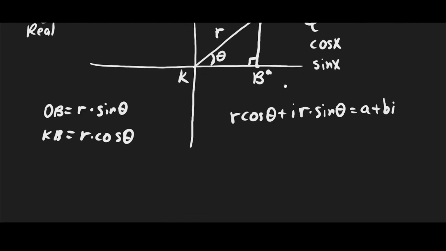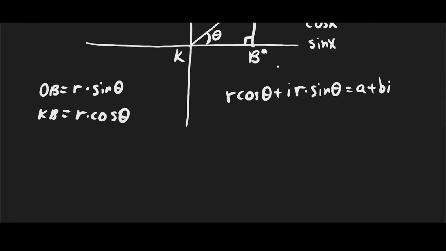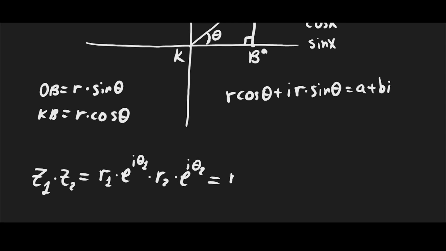And now let's look at what would happen if we take the product of two complex numbers, z1 times z2. This would be r1 times e to the i theta 1 times r2 times e to the i theta 2, and clearly this would be r1 times r2 times e to the i (theta 1 plus theta 2).